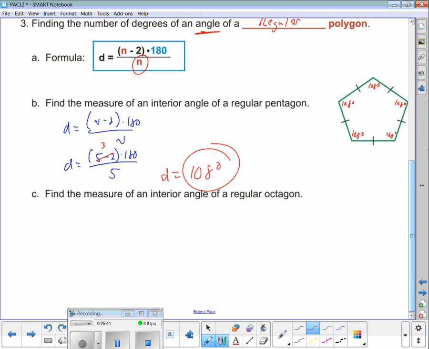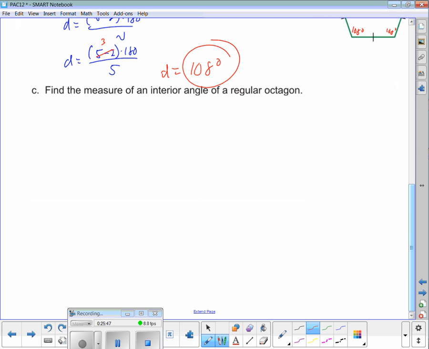All right. Anyhow. I want you to do the last one. Last problem. Finish it up. Find the measure of an interior angle of a regular octagon. Octagon. Here, I'll give you the hints. Now you need a hint.